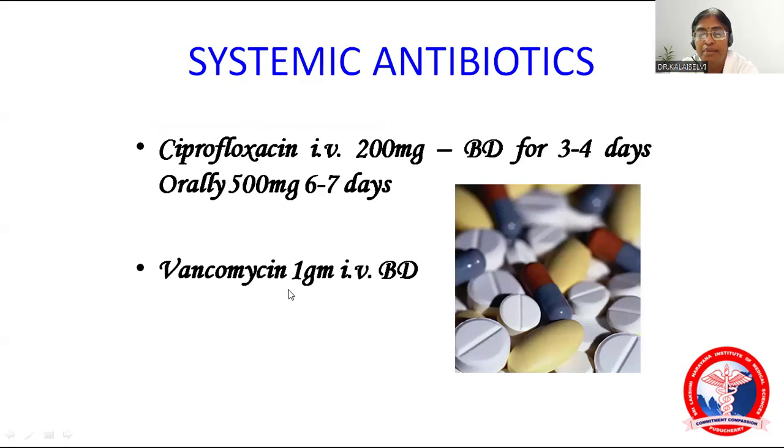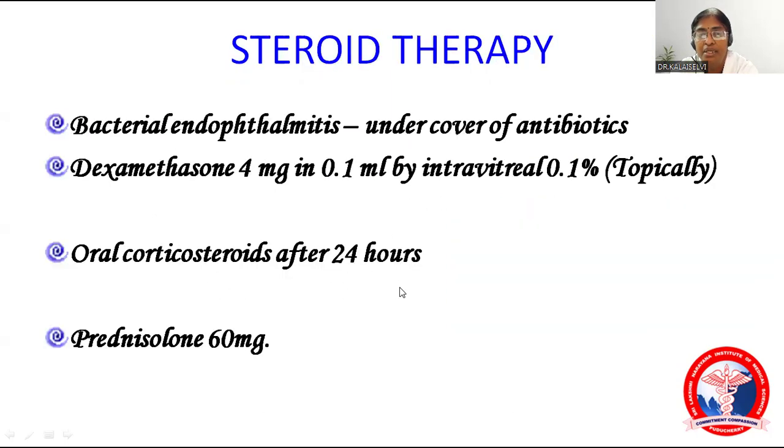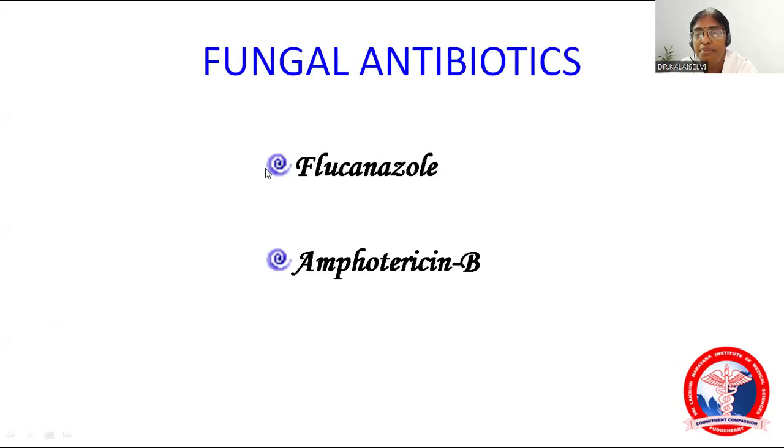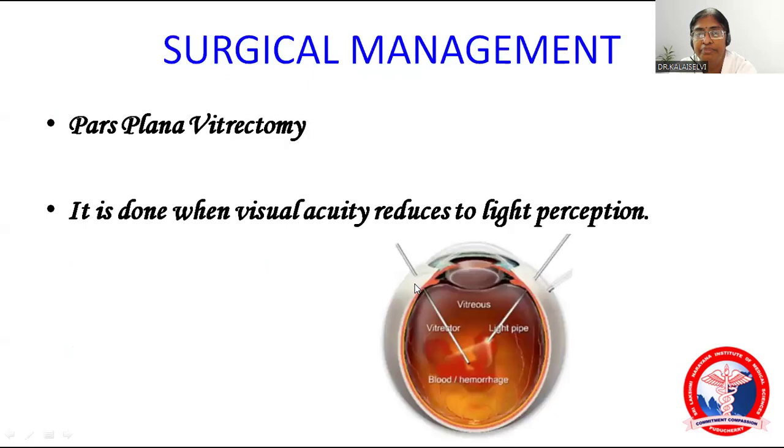Vancomycin 1 gram can be started. So as I said, steroid therapy can be given only for bacterial endophthalmitis, 4 milligram, as intraocular injections, and only after 24 hours; initially it is not recommended. And coming to fungal, topical natamycin, amphotericin is available, and voriconazole is also available.